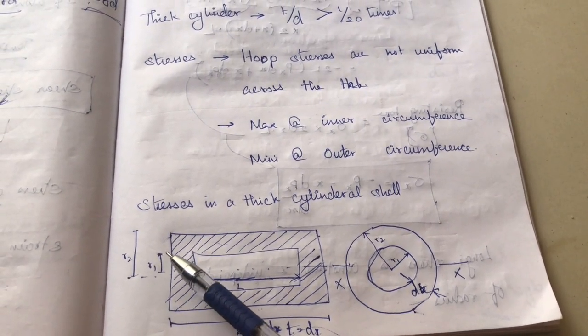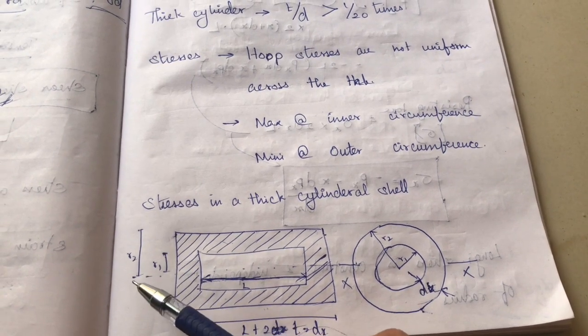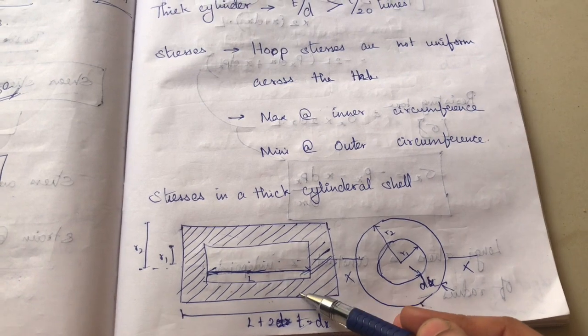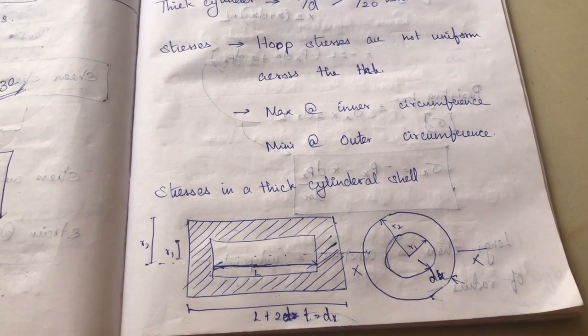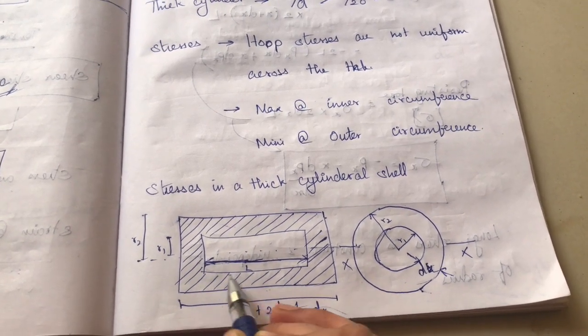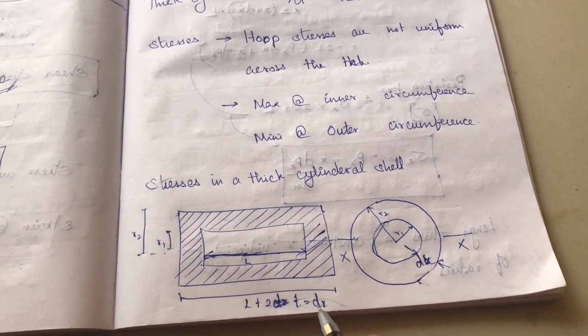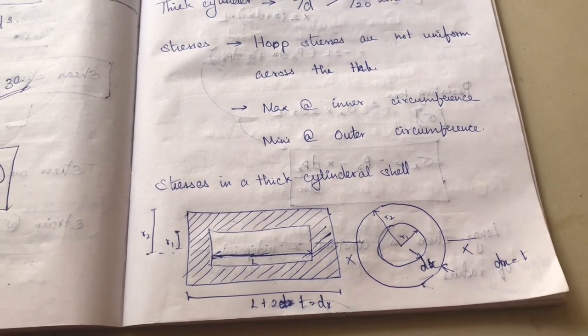This inner circumferential radius is R1 and this outer circumferential radius is R2. You can see here, and this is the small area, dx. So the inner circumferential length is L, so outer will be L plus 2 dx, or we can easily say this dx as T.